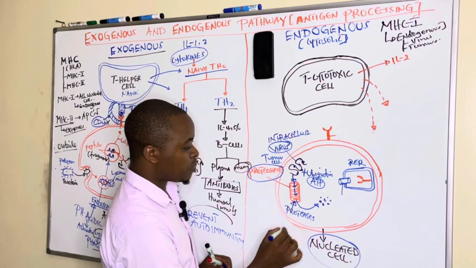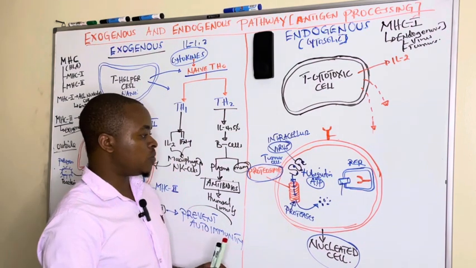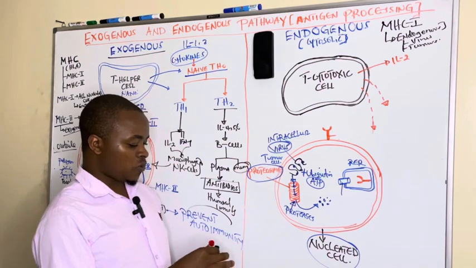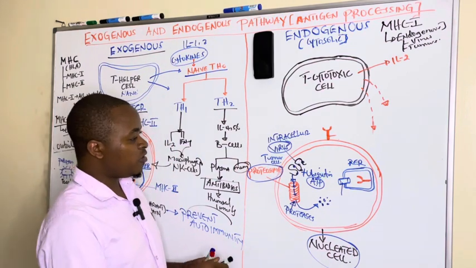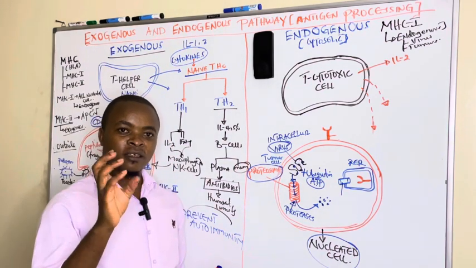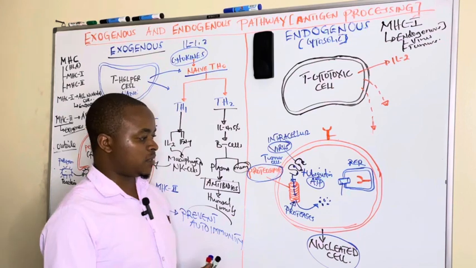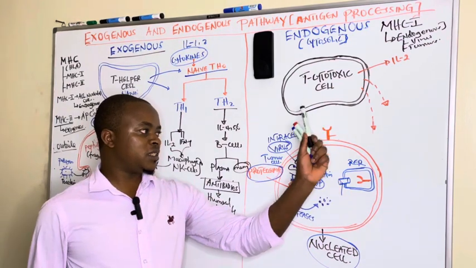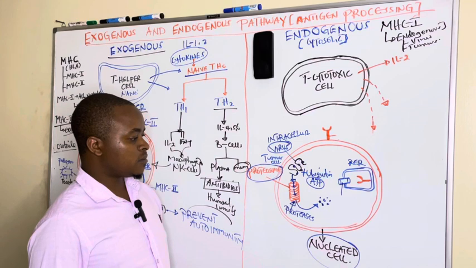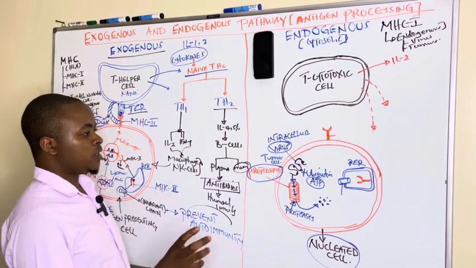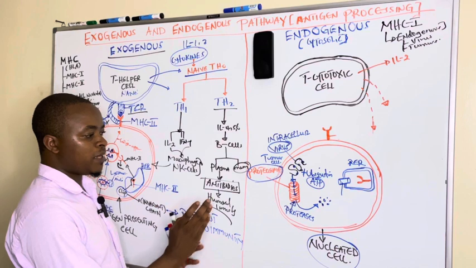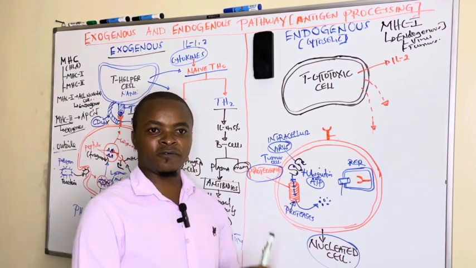The proteasome contains proteases which are responsible for cutting the big virus, or the tumor cell, into small fragments which can be presented on the surface. And remember, in the exogenous pathway we saw the invariant chain or CLIP, but this one does not involve the invariant chain.